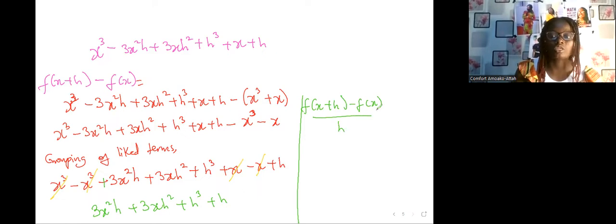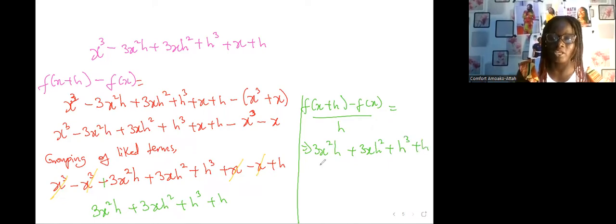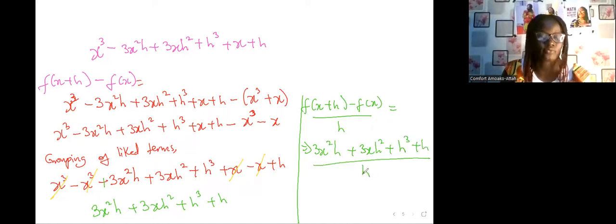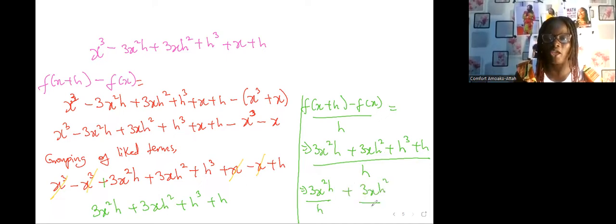over h. So it means that we are dividing the whole of this by h. So this will give us 3x squared h plus 3xh squared plus h cubed plus h, all over h. All right. So simplifying it means that each term, you divide each term by the h. So this will give us 3x squared h over h plus 3xh squared over h plus h cubed over h plus h over h.